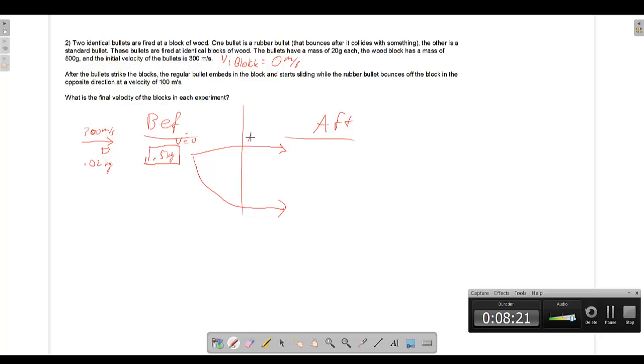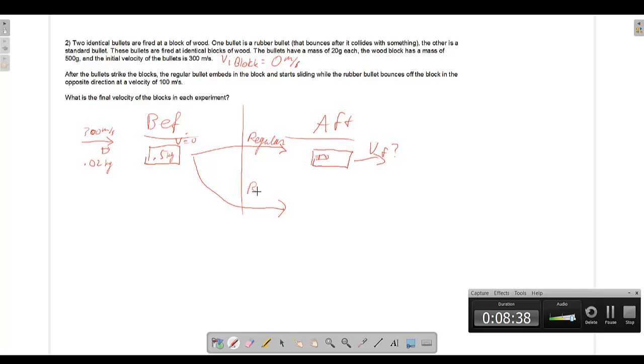So for the regular, the bullet embeds in the block, basically, and the two start sliding with some velocity v final that we don't know.